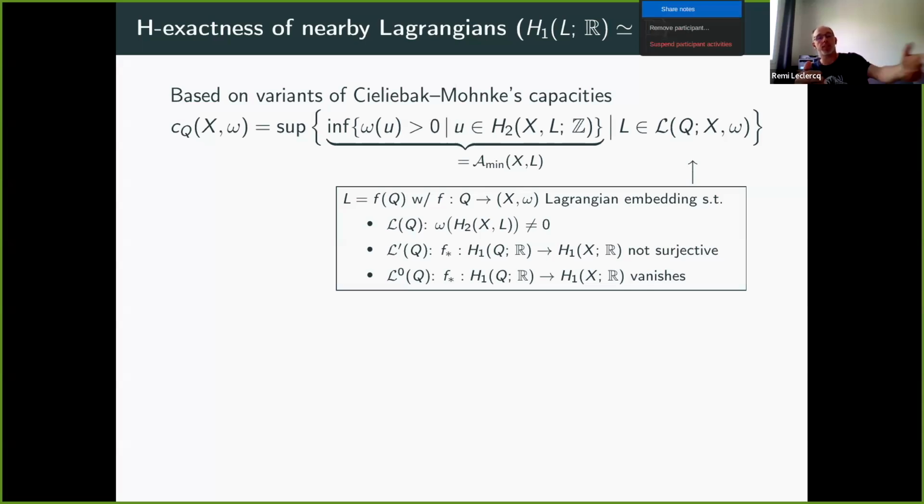It's the image of an embedding, a Lagrangian embedding, right? And now we have three conditions which are stronger and stronger. The first one, which is the weakest, is the weakest condition you can ask so that your definition makes sense. Otherwise, our min on top might be plus infinity, and then the supremum of something like that is not really interesting. So somehow you need to assume at least that.